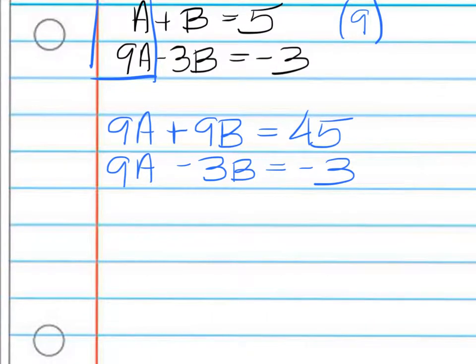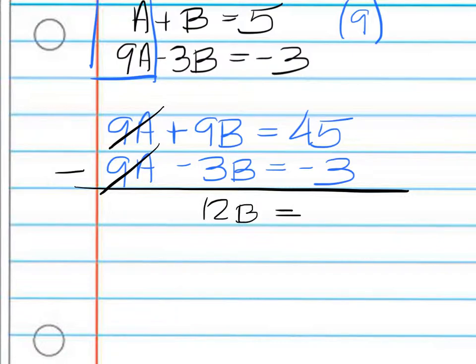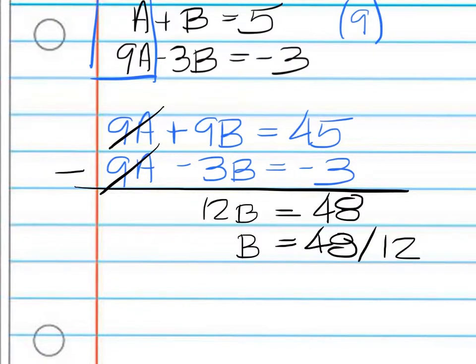Since you have the same item here with the exact same sign, positive, then you can subtract these two. 9a minus 9a cancels out. Nothing is left. But then you have 9b minus a negative 3b. That is 12b. 45 minus a negative 3 is 48. So to solve, we divide 48 by 12 and come up with a positive 4.